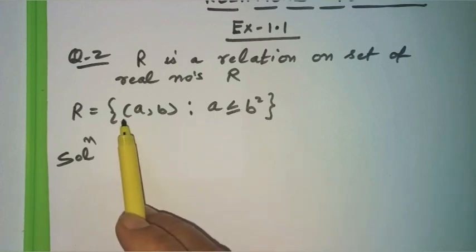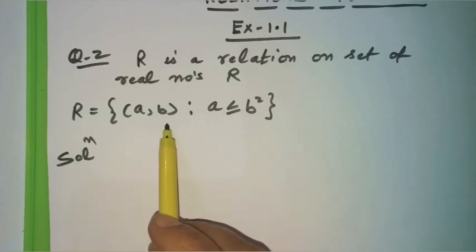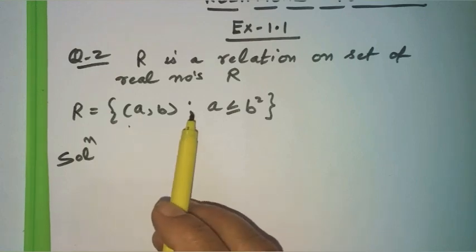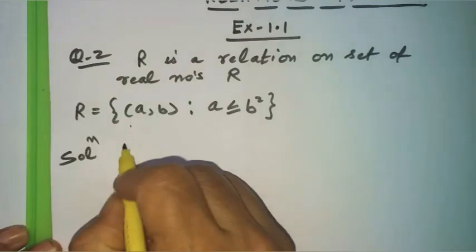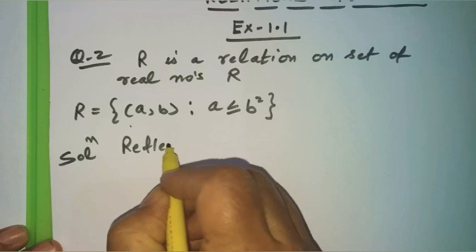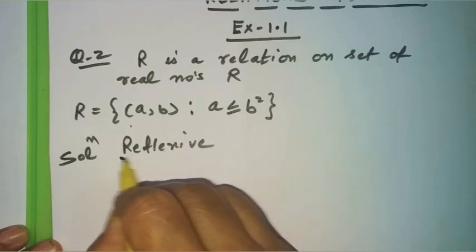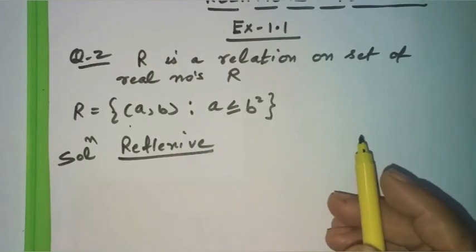So I first have to check, by taking a few examples, whether this relation is reflexive or not. In case you don't remember the definition of reflexivity, you can go to the previous videos.